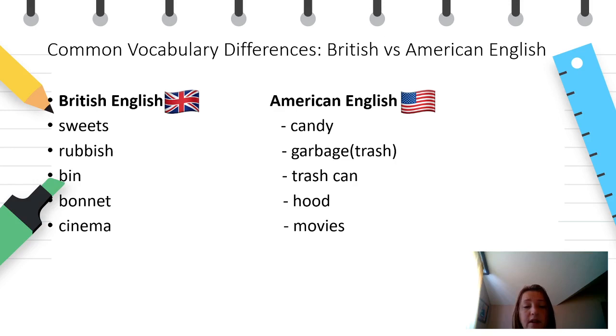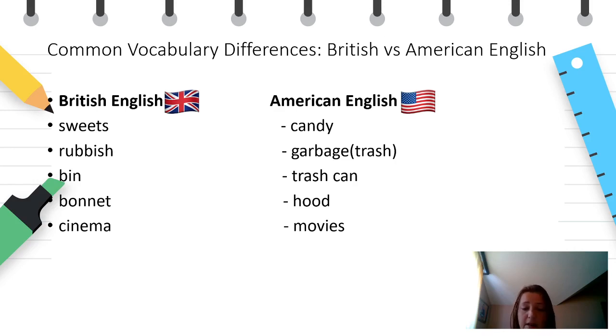Bin is another word used in British English. It is a container for waste, and in American English the equivalent is trash can. For the front part of the car where the engine is, British use the word bonnet and Americans use the word hood.